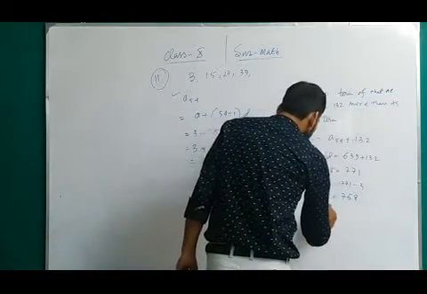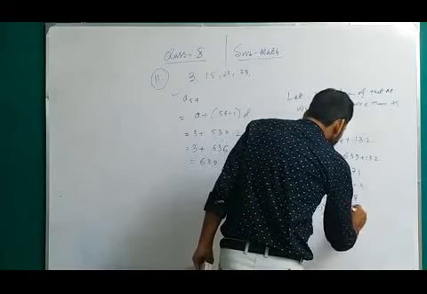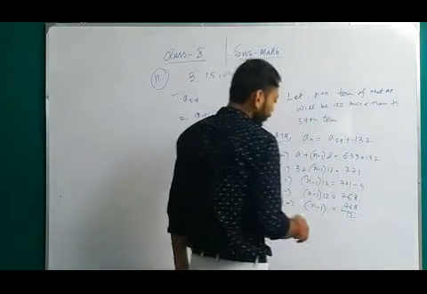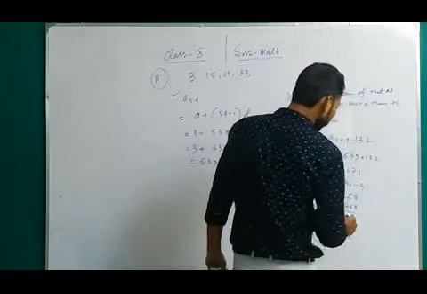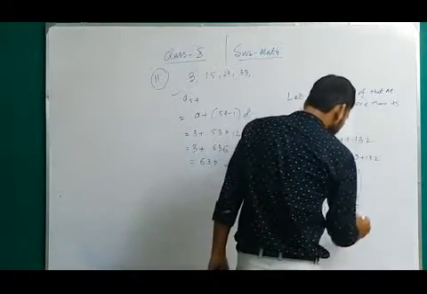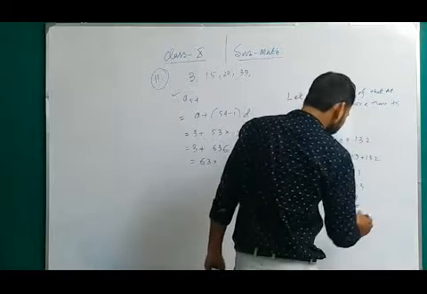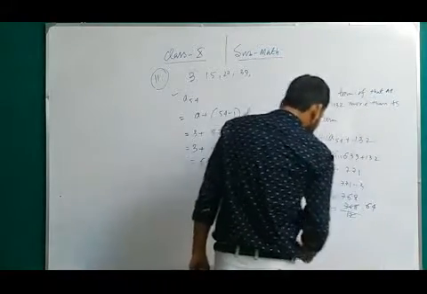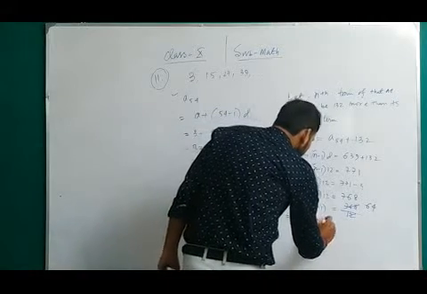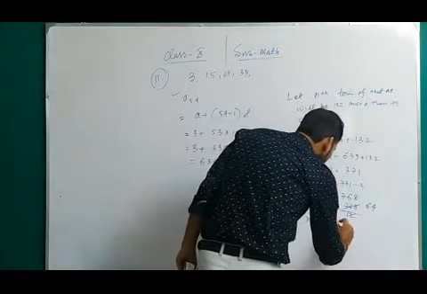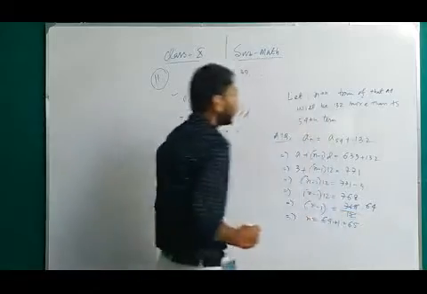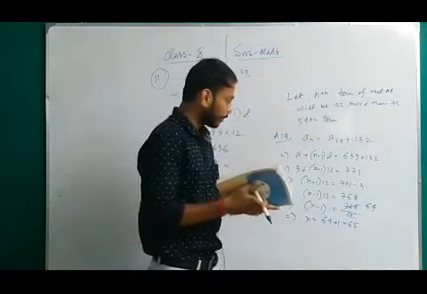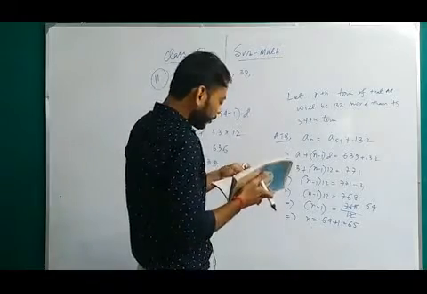That means n minus 1 equals 768 divided by 12. Whenever 12 moves to the RHS, it will divide 768. After simplification, we get 64. So n equals 64 plus 1, that means 65. Finally we get the 65th term will be the required term here.